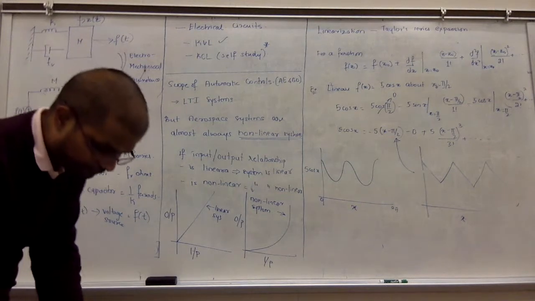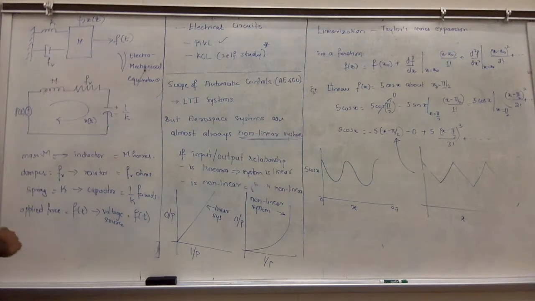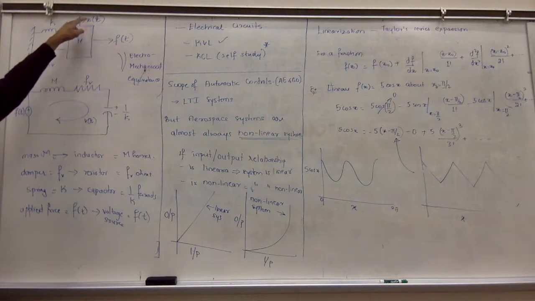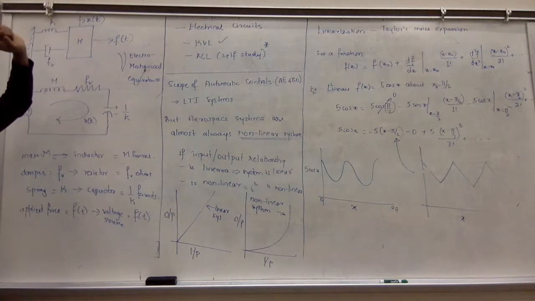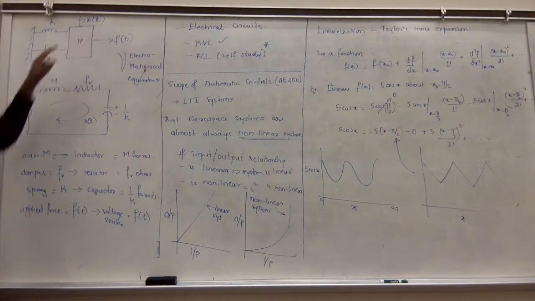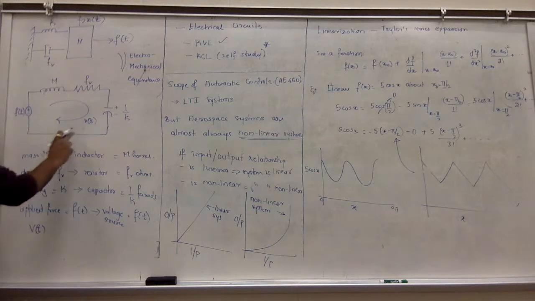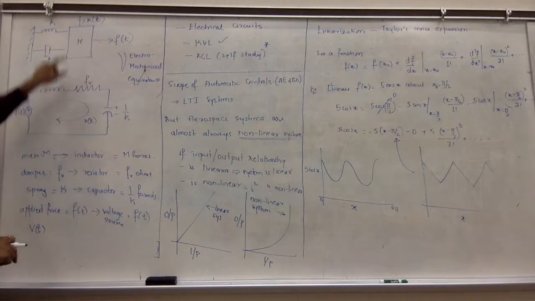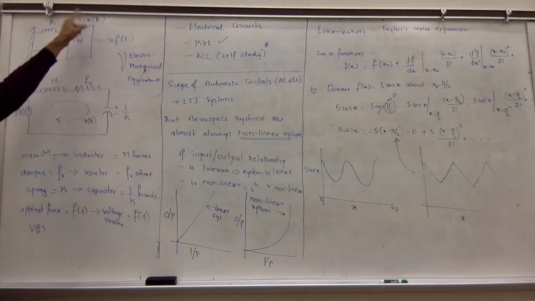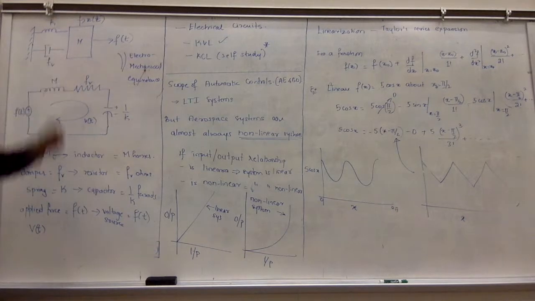And finally, we have always been dealing with displacement. Until now we have talked about displacement, right? But here, what is V of T? V of T is not voltage. Here V of T would be what? Velocity.